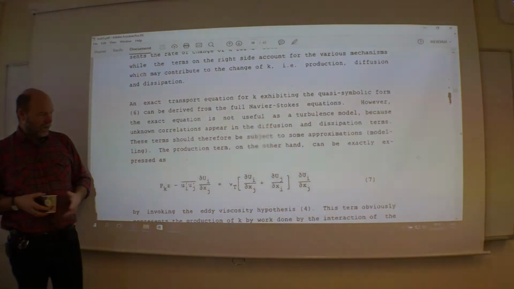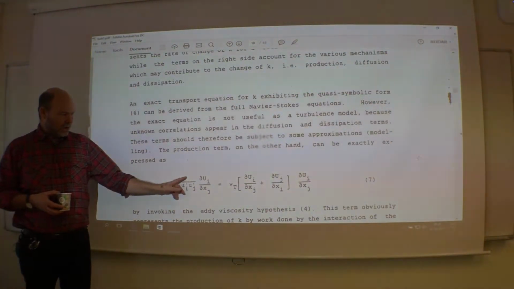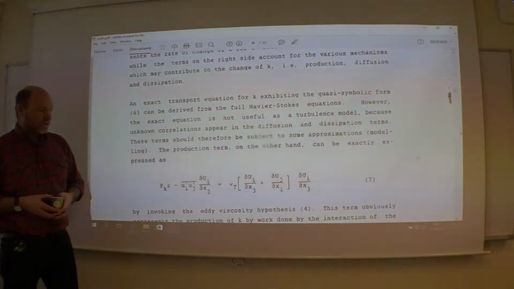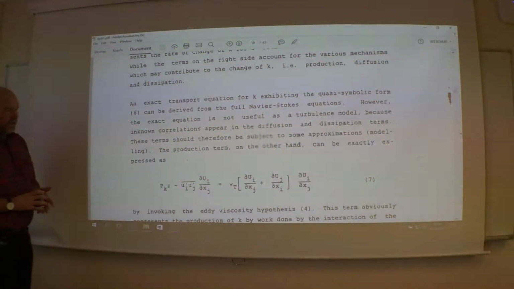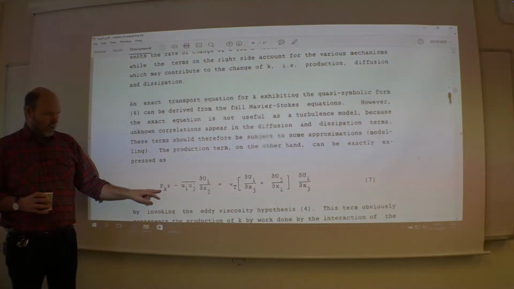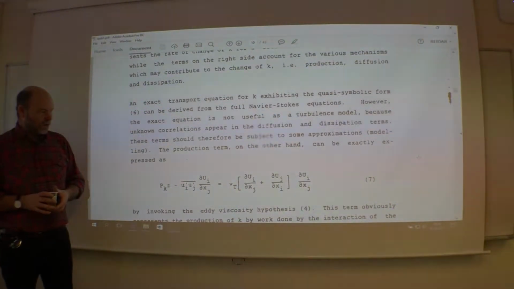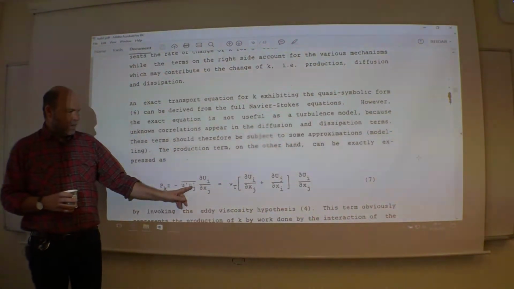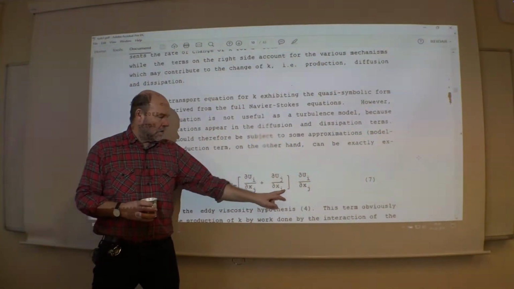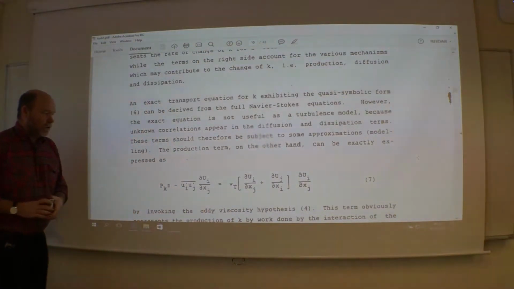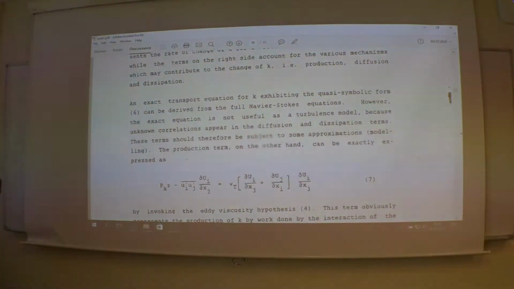Here you might say, whoa, we now have included these unknowns, the Reynolds stresses, in the production term. Okay, but we are going to use the eddy viscosity hypothesis anyway, so we can replace them with this. So there we have a decent model for the production term.